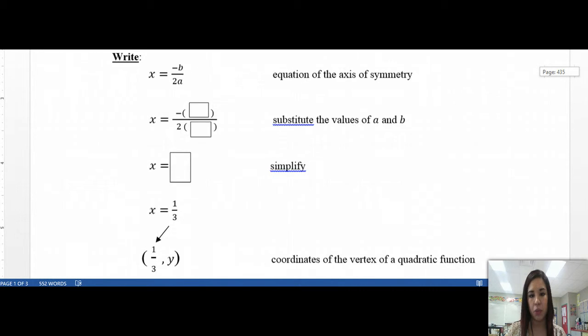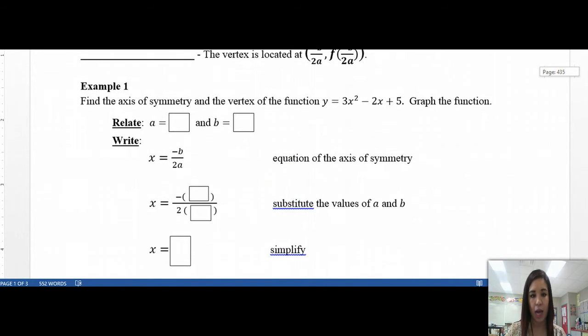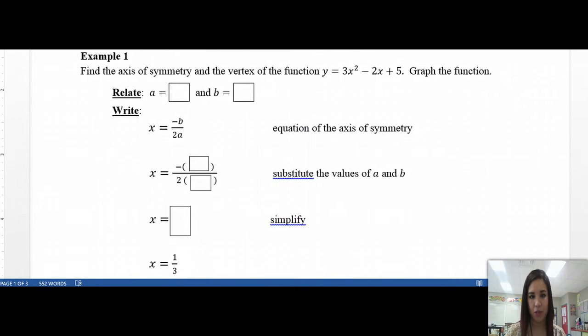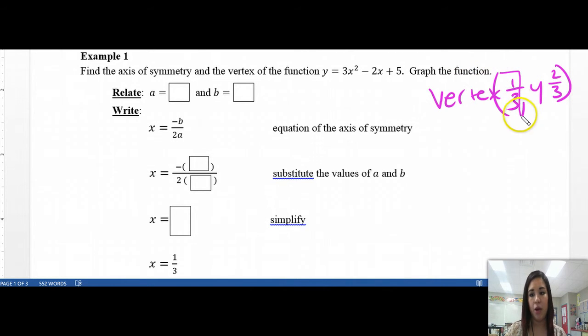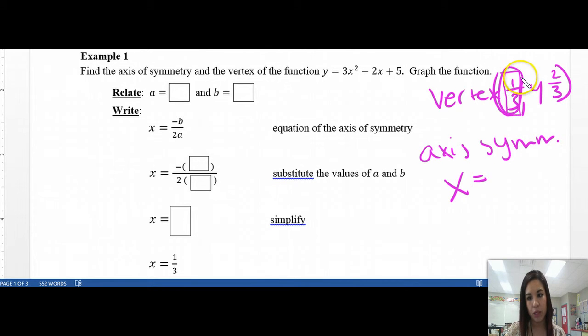Let's see what else they wanted me to find. They wanted me to find the axis of symmetry and the vertex. We know the vertex: 1/3 and 4 2/3. Now our axis of symmetry is going to be our x value. So the formula is x equals, what is x equal to? 1/3.